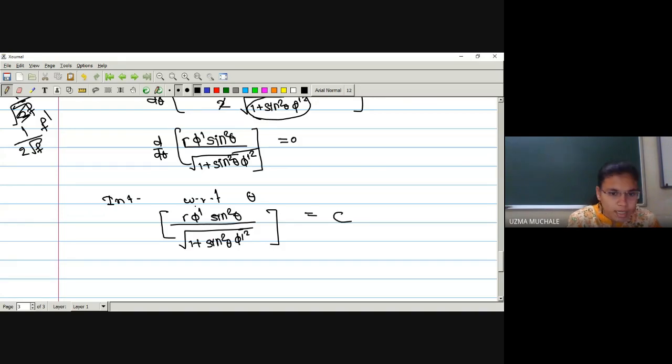The integration and derivative cancel, and we get the function f itself, which is equal to some constant c.